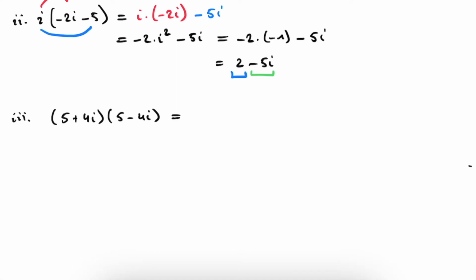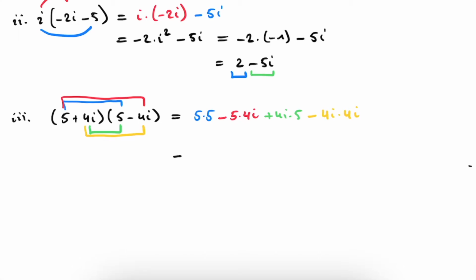Again, we use the same procedure by first multiplying these two 5's together. So we have 5 times 5. Then we multiply this 5 with this minus 4i. So we have minus 5 multiplied by 4i. We then multiply this 4i with that 5. So we have plus 4i times 5. And to end off, we multiply this 4i with this minus 4i. So we have minus 4i times 4i.